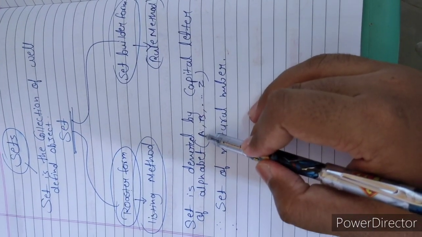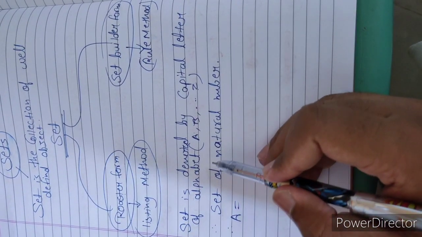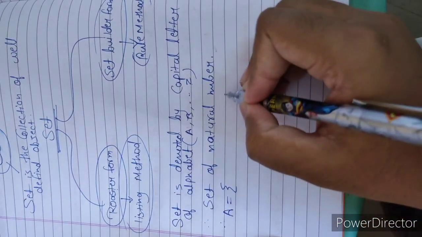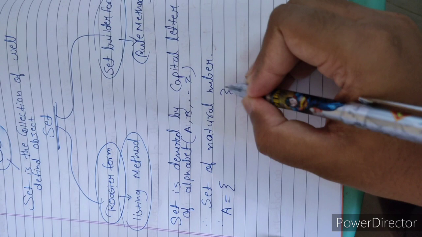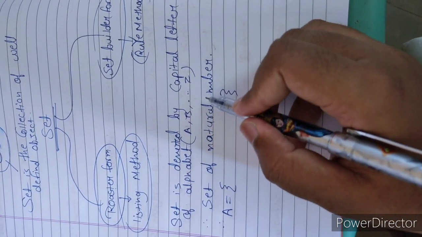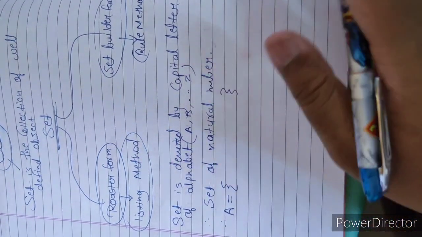Suppose we consider A equals, and always we write the set in curly brackets. These brackets are called curly brackets. What is given here? Set of natural numbers. It means we have to create a set in which natural numbers are placed.